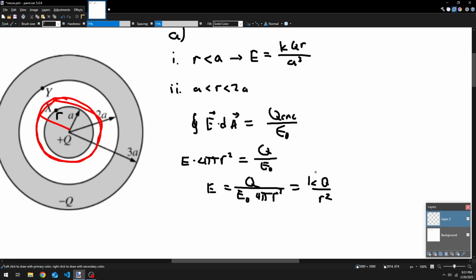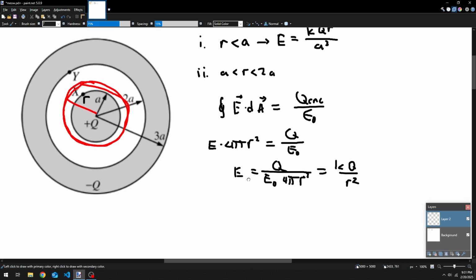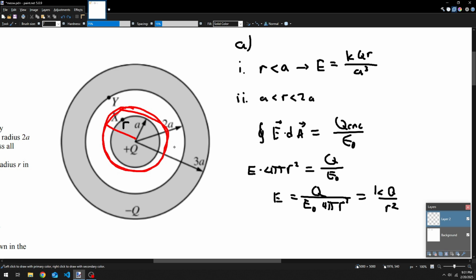One thing to note, this answer looks like the same equation for E from a point charge that's on the formula sheet, which is just kQ over r squared. The reason is this concept that when you have an insulator or a sphere, such as this one, as soon as we get outside of that sphere, all this charge and all the electric field coming from it can be mimicked by a point charge.